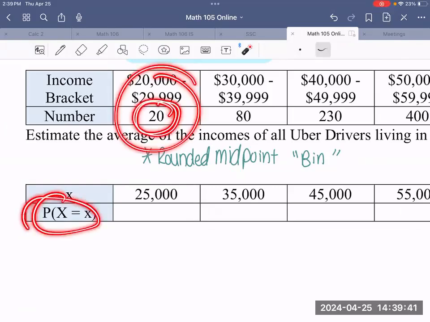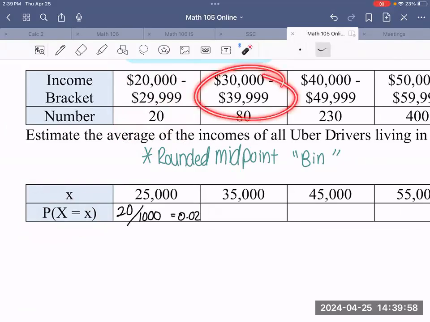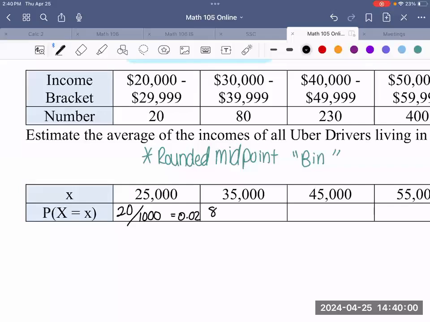And if we're talking about the probability, this is the frequency. Well, what's the probability? Well, it's 20 people out of how many? 1,000. So about 0.02.